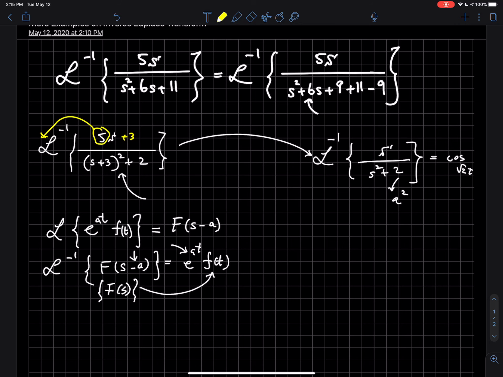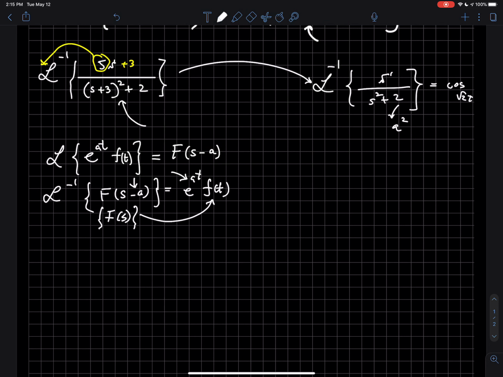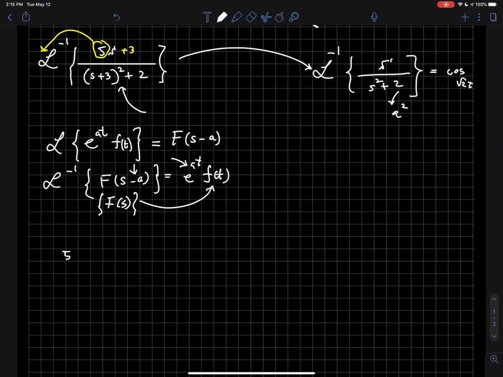So let's see if we could do it. I'm going to pull the 5 out because that's a constant. I can simply do that. Laplace inverse of. Now I have s, but I need an s plus 3, so I'm going to say s plus 3, and I'm going to do minus 3 to undo it. And what I have in my denominator is s plus 3 squared plus 2.